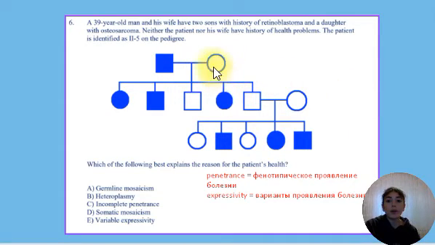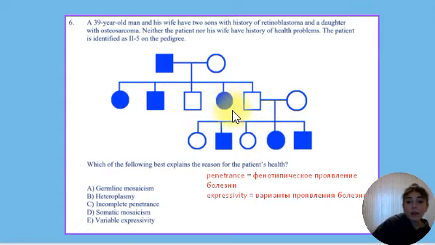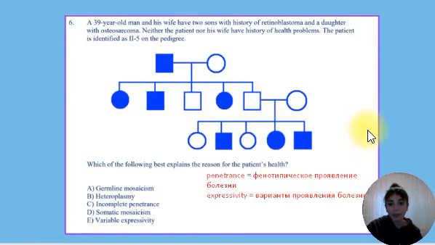For example, mom here will be sick and she will pass the disease to her children, and then her son, sick here, couldn't give it to anyone, and her daughter here and here or here, if she would be her daughter, she can pass it if she is sick, right?